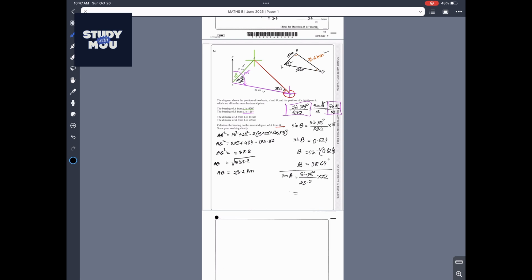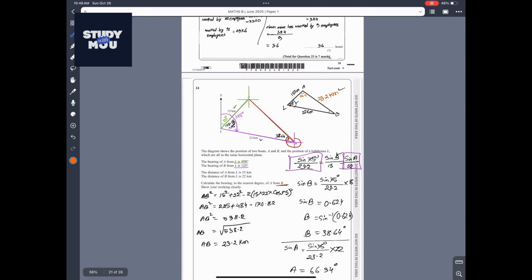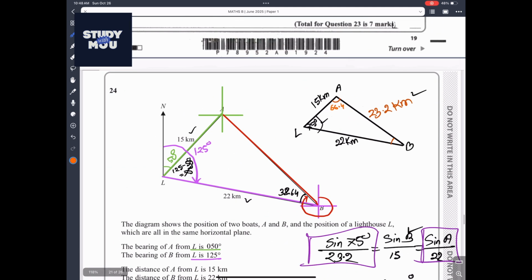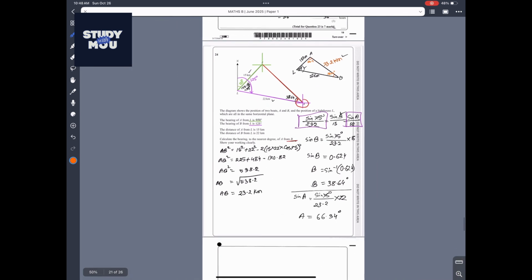So angle A is simply, I'm skipping the working since we have less space, 66.34 degrees. So angle A is 66.4 degrees, and for angle B it was 38.64 degrees. So these are my angles and these are my sides.